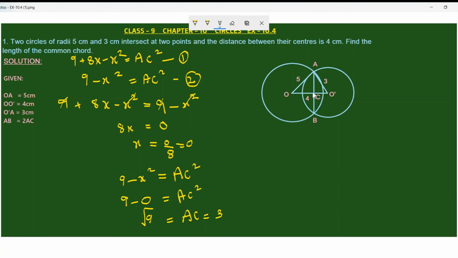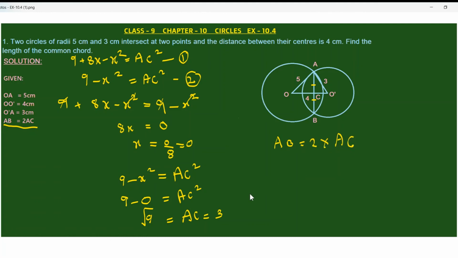Already we have told this O prime is bisecting this chord. So AC will be half of AB. That means here AB is equivalent to 2AC, because both are equal to each other. So AB is equivalent to 2 into AC.